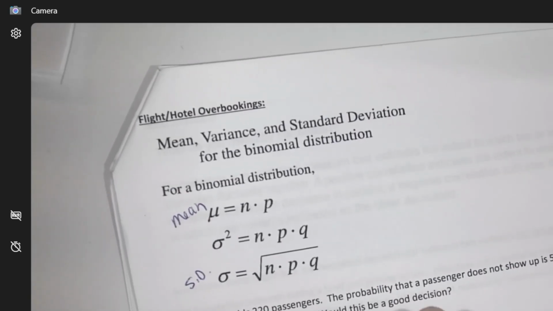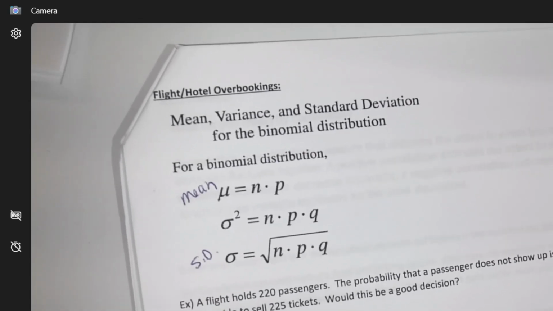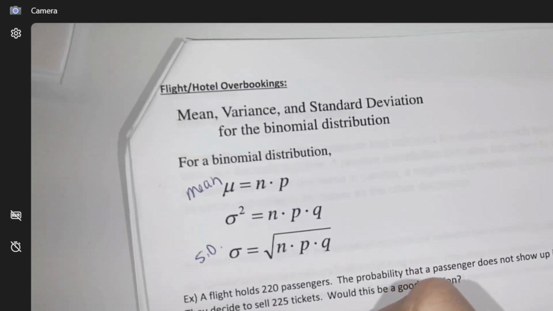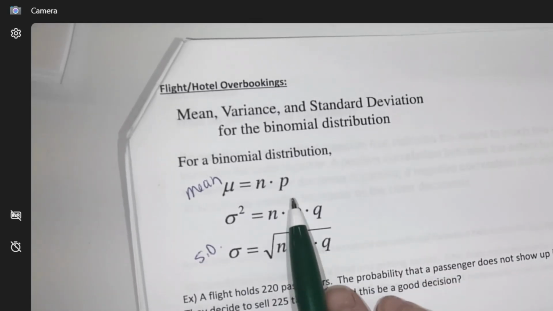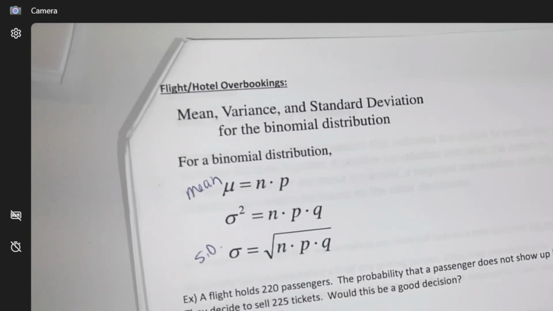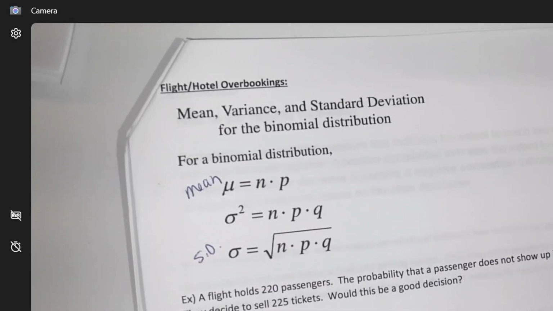Mean equals n, the number of tickets, so 225, times the probability. The probability of not coming is 5%, so the probability that they're going to come to the flight is 95%.